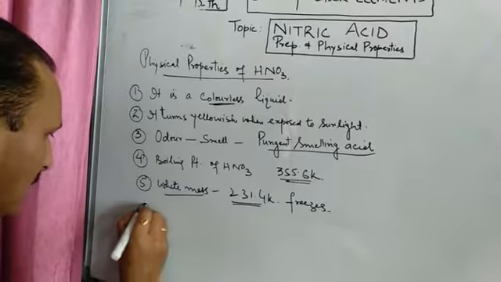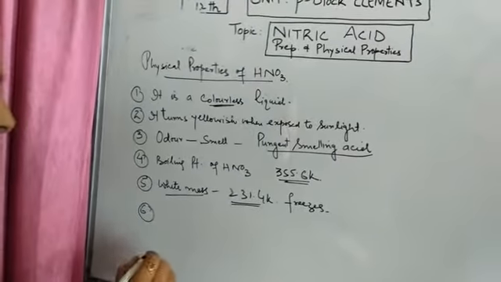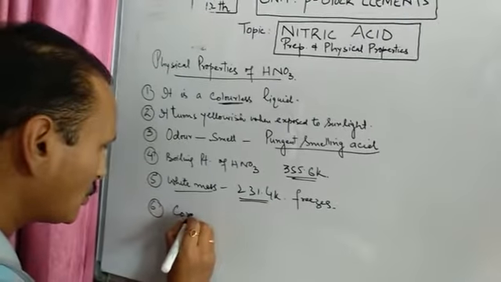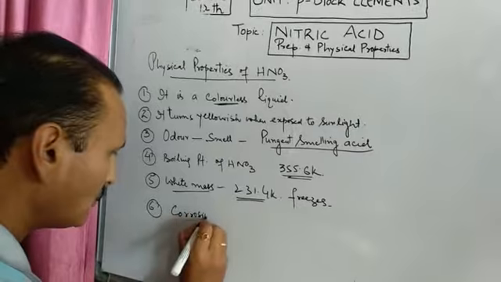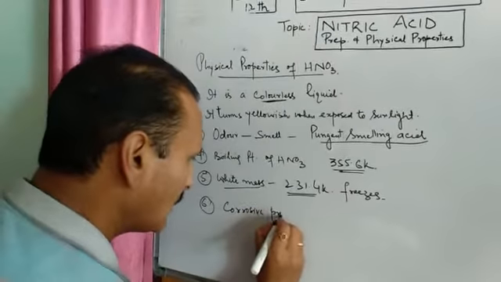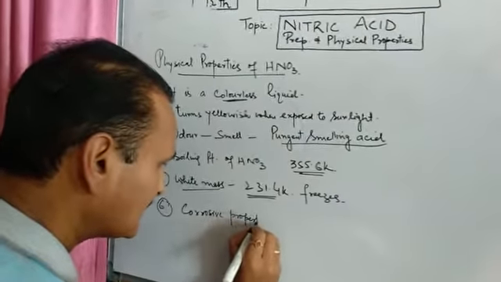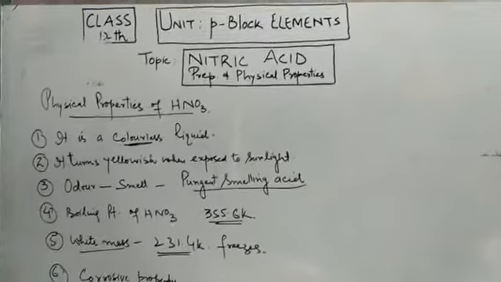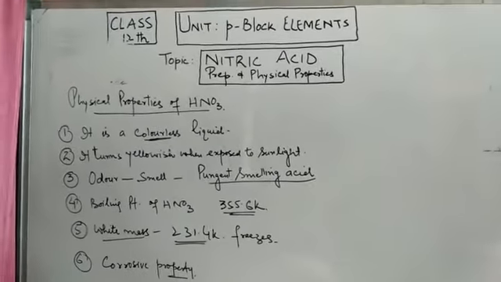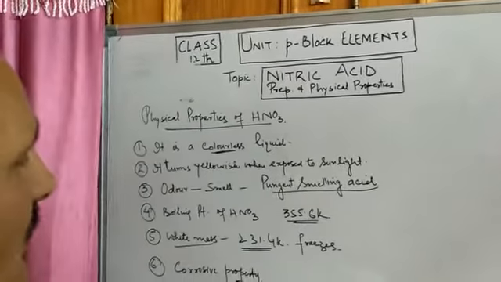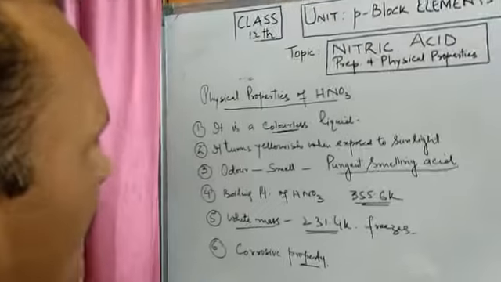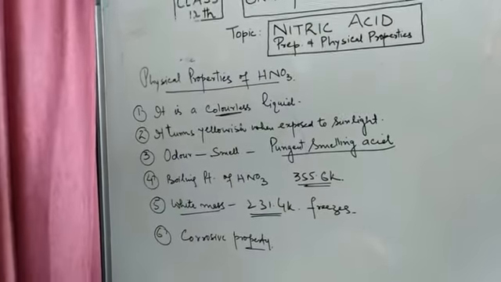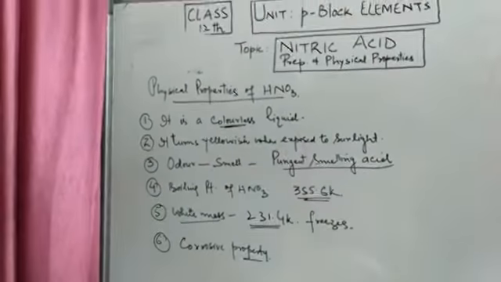Then nitric acid has a corrosive property. Corrosive property means if this acid is somehow poured on the skin, it has a very corrosive action on our skin. What happens if this acid is put on or poured on our skin?